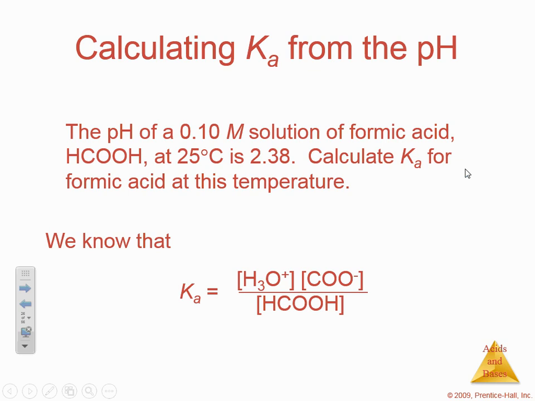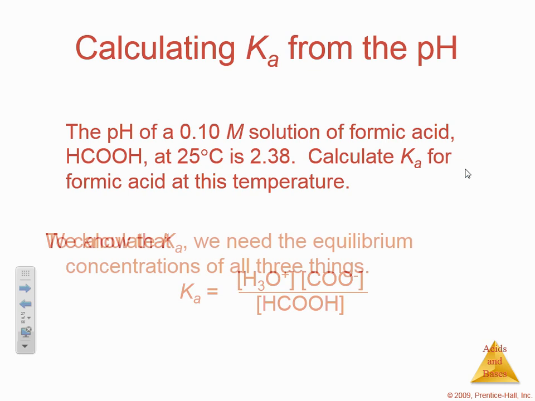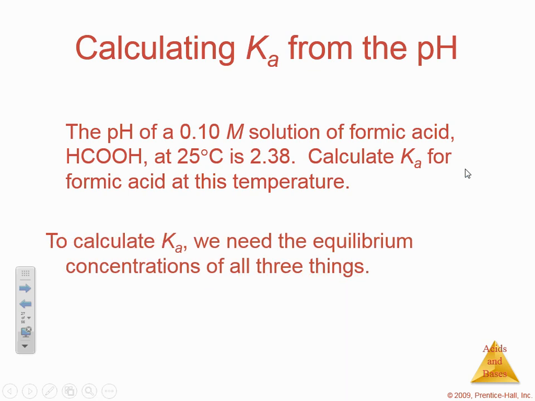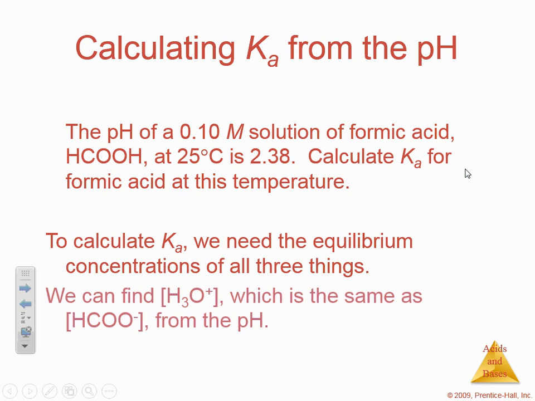Next, we know that the concentration of the formic acid, the HCOOH, is 0.1. So we need to figure out the concentration of the other two things. We need to figure out H3O and the HCOO minus.